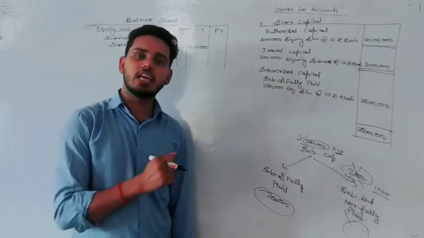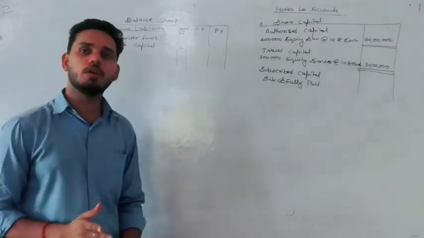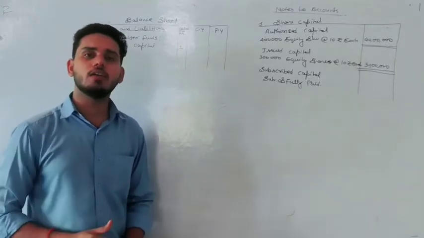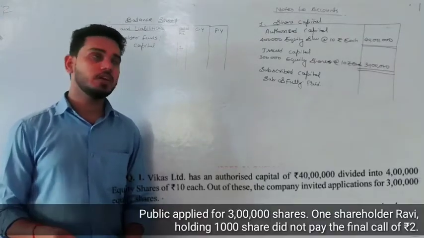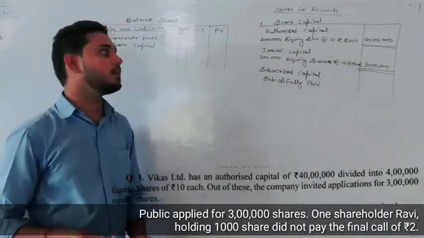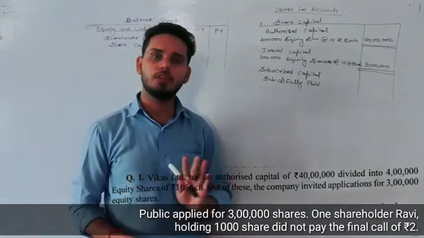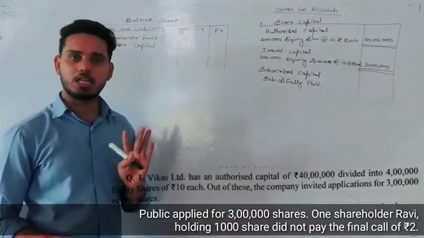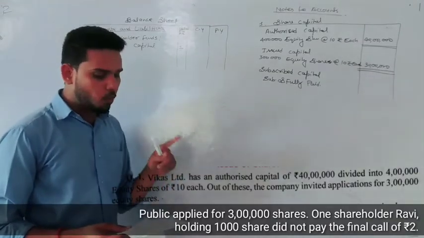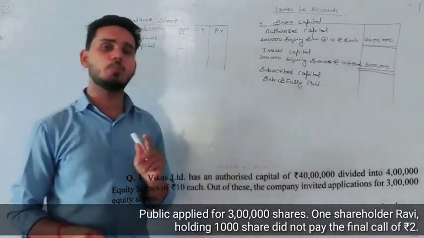So let's see our case number 2. Continuing with the same example, question number 1 with some necessary modification, let's see what our case 2 says. It says the same thing that we discussed related to authorized capital: a company with 4 lakh equity shares at the rate of 10 rupees each was the authorized capital, and from this the company wants to issue, let's suppose, the same 3 lakh equity shares at the rate of 10 rupees each.